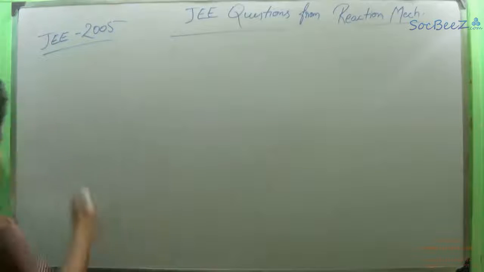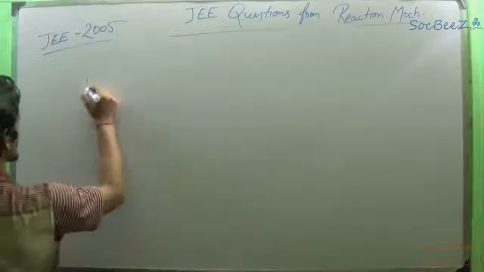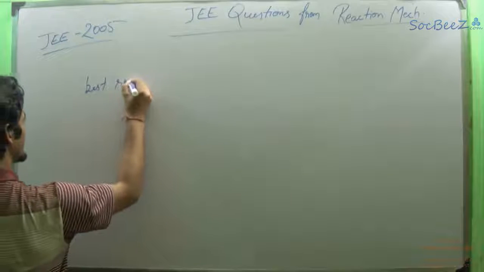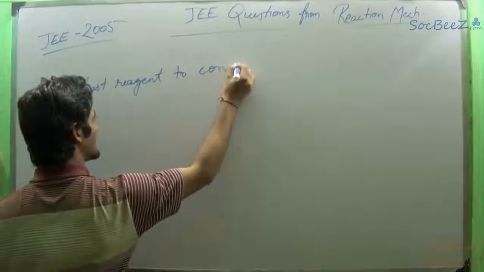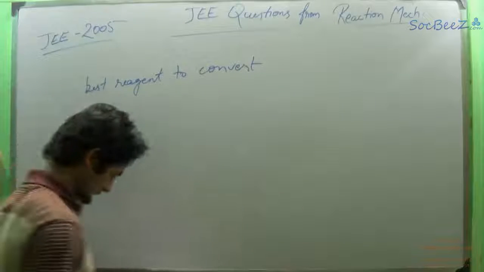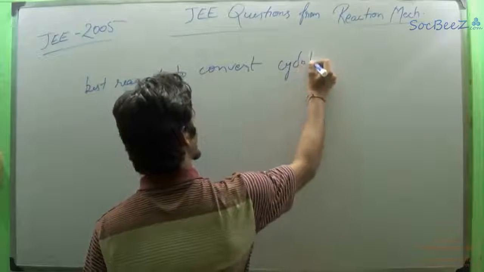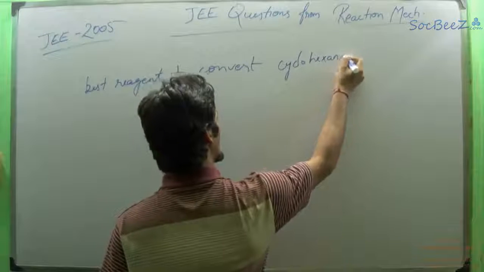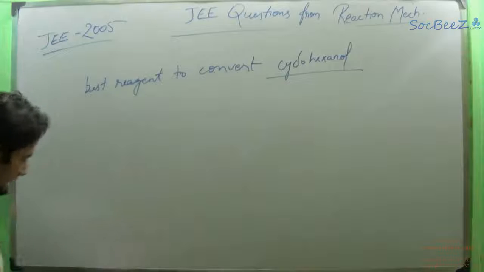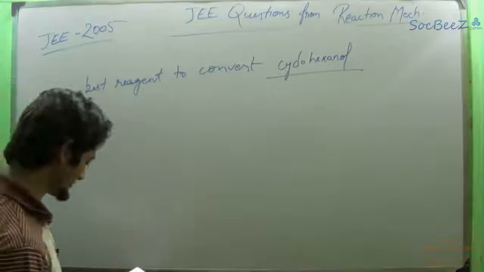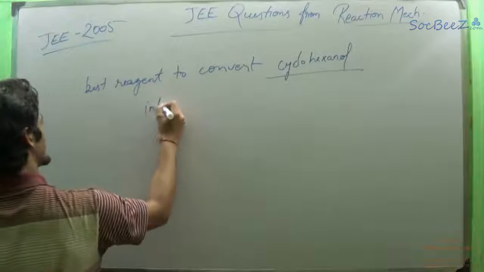The next question is from JEE 2005 itself. It was the best reagent to convert cyclohexanol. Remember, only the name of this was given, no structure of cyclohexanol was given, so you have to be good with nomenclature, into cyclohexene.